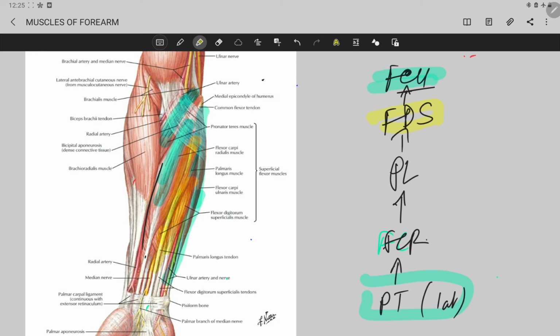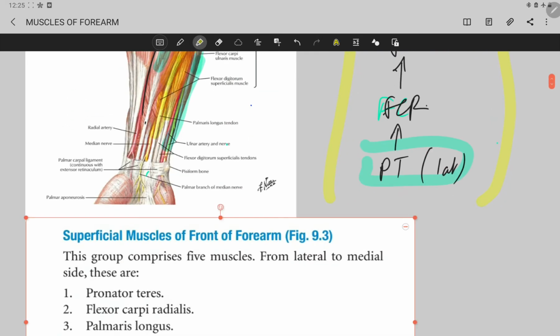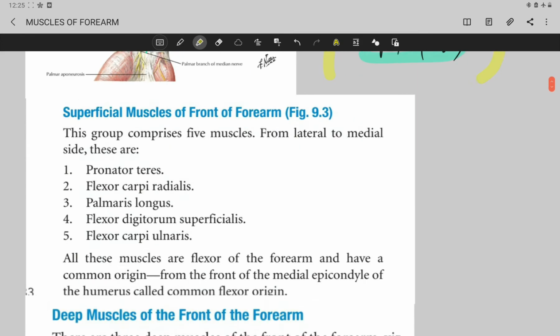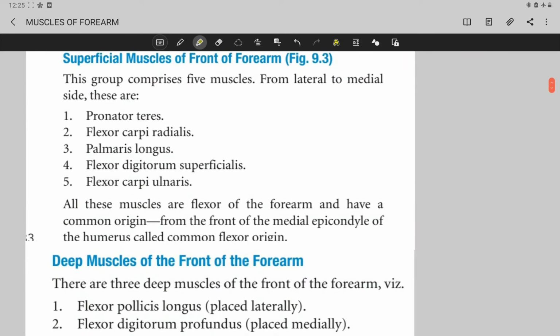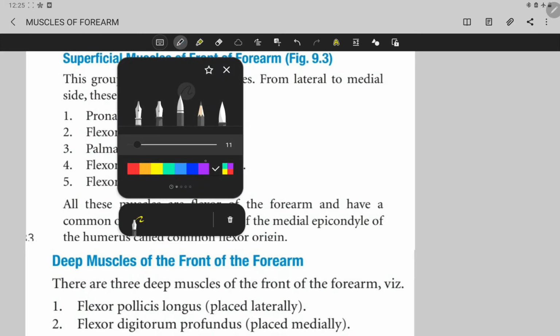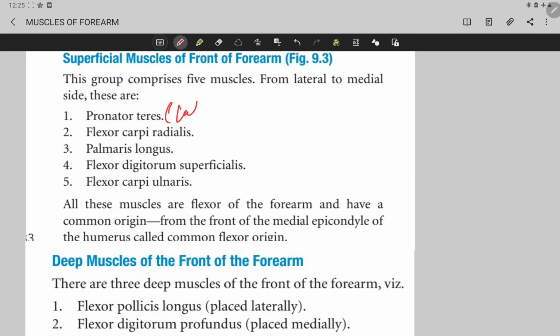This is the basic orientation of the 5 superficial muscles of the anterior compartment of the forearm. Let's revise this. In the superficial group, most lateral is the pronator teres. The group comprises muscles from lateral to medial.